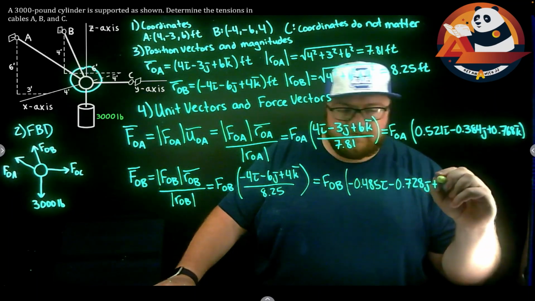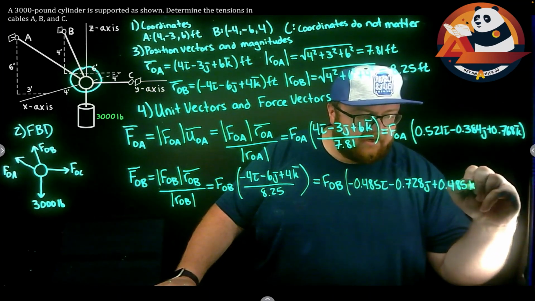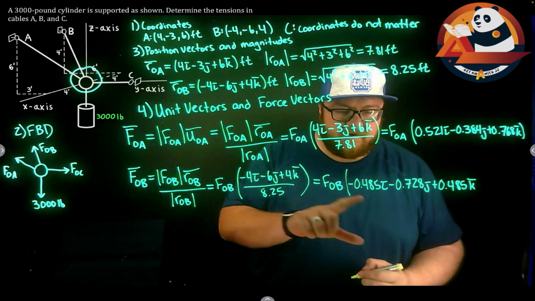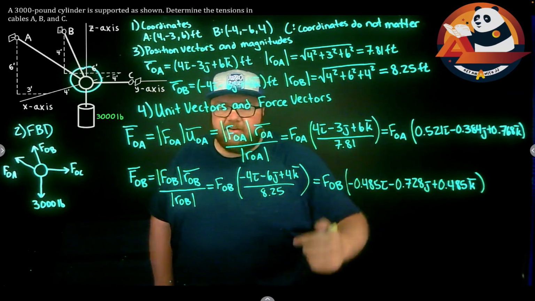So plus 0.485K, just evaluating this term in here and getting our decimals written out. That would get me a second force vector.